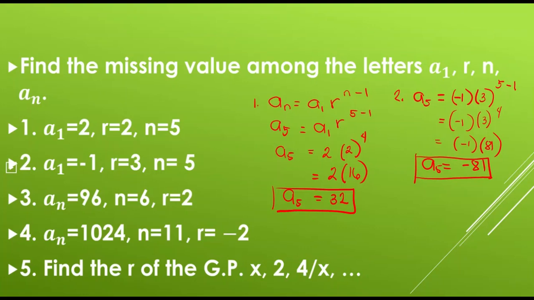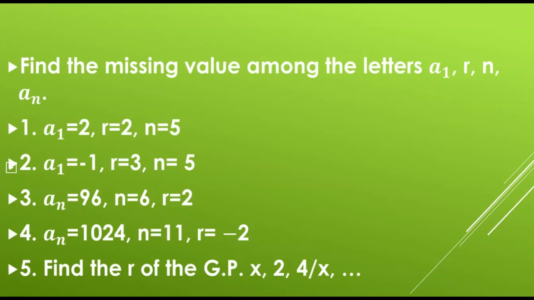So as we continue, let's have number 3. Here we have a sub n, or the last term, is 96, your n is 6, meaning this is the sixth term, and the r is 2. So we are looking for a sub 1. So 96 is equal to a sub 1, your r is 2, your n is 6, minus 1.